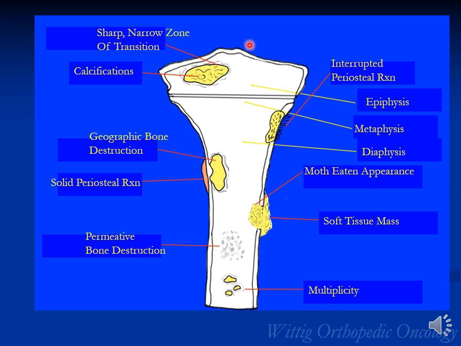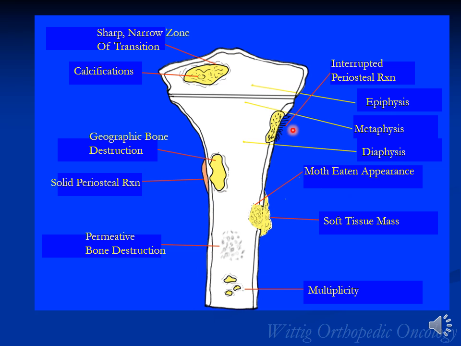This is just showing you schematically the things that you need to evaluate on x-rays. The zone of transition of the tumor, if there are calcifications, if it's a geographic pattern of bone destruction, if there's a solid periosteal reaction. Is the bone destruction permeative, where you can't make out the borders like you can on a geographic pattern of bone destruction?